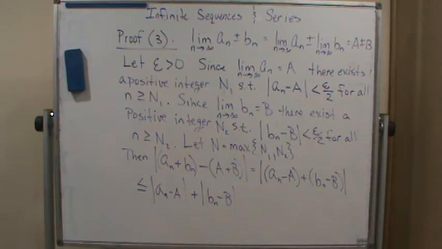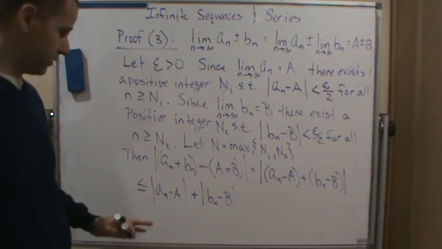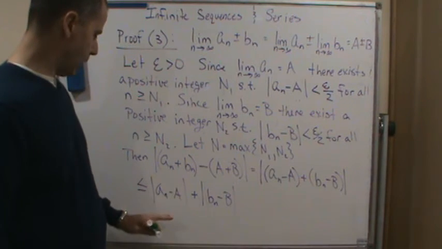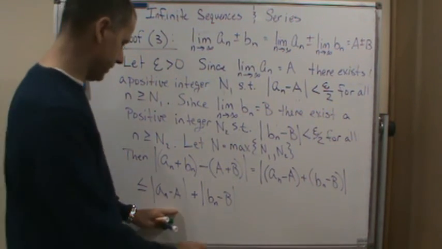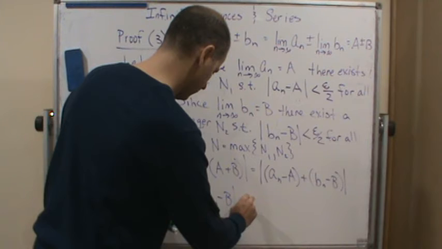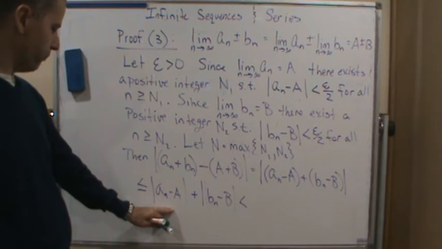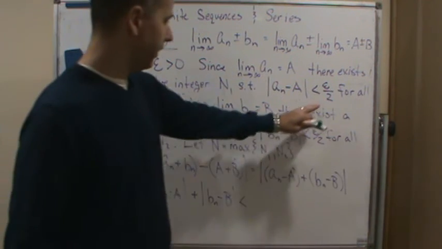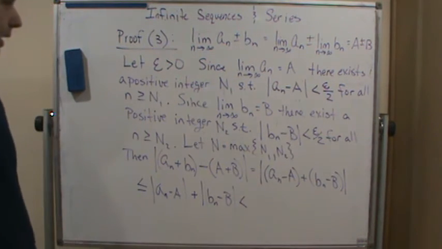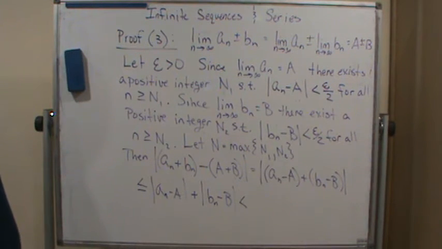Okay, good. Now it's all going to come together. Because now this piece is less than epsilon divided by 2.